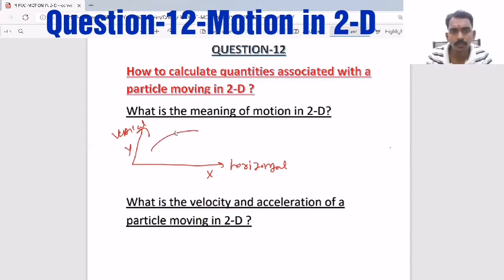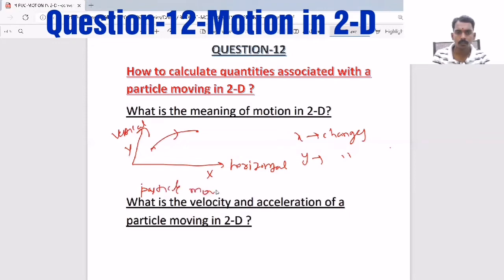Like if the particle is moving from one point to another point, x changes. I mean, there is an x coordinate and there is also y. Both will change. Such kind of motion we call motion in two dimension. So the particle moves in a plane.